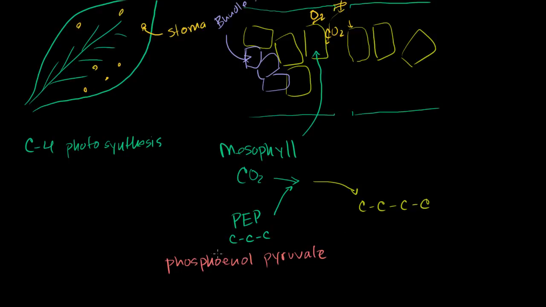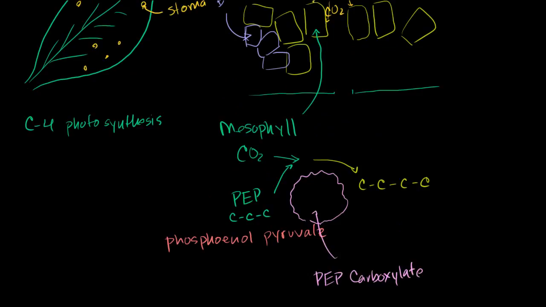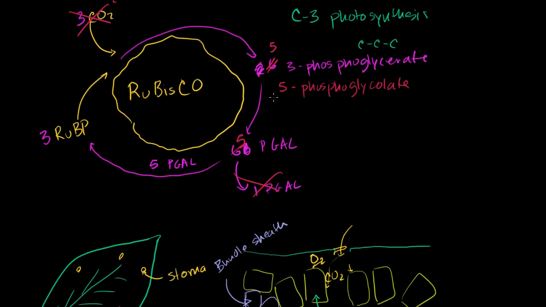And this reaction right here is facilitated not by Rubisco, ribulose bisphosphate carboxylase oxygenase. It's facilitated by a different enzyme. And this is the key for C4. This is called PEP carboxylase. Let me write it down. PEP carboxylase, and that's a fitting name. Remember, Rubisco, or ribulose bisphosphate carboxylase, reacted ribulose bisphosphate with carbon, or oxygen, that's where that oxygenase comes from.